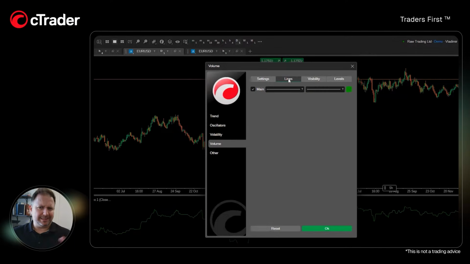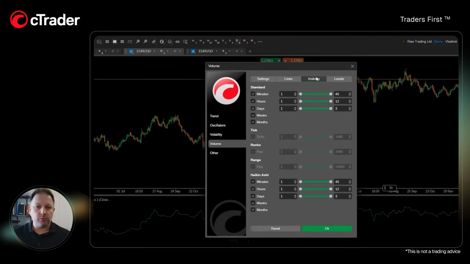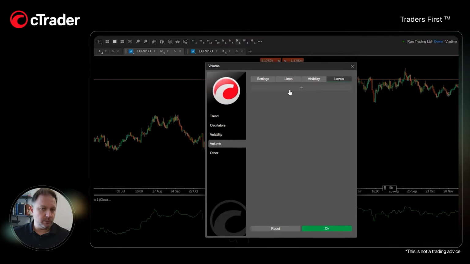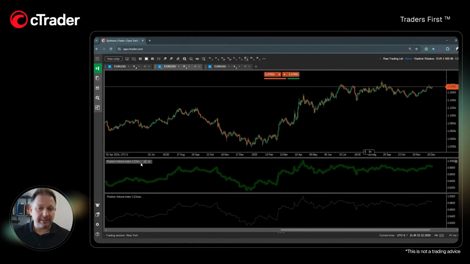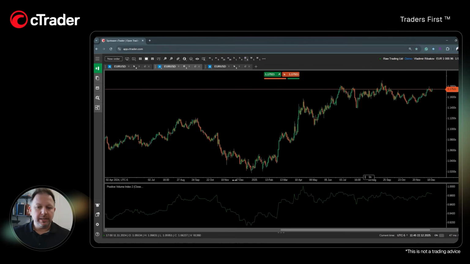You can design it as you would like: the color, the style, the thickness of the line, and of course choose the visibility on what time frames and chart types it would be visible for you. If you would like, you can add levels as well. So I just click OK, but I have two here. I will remove one. When you click OK, this is what you see.